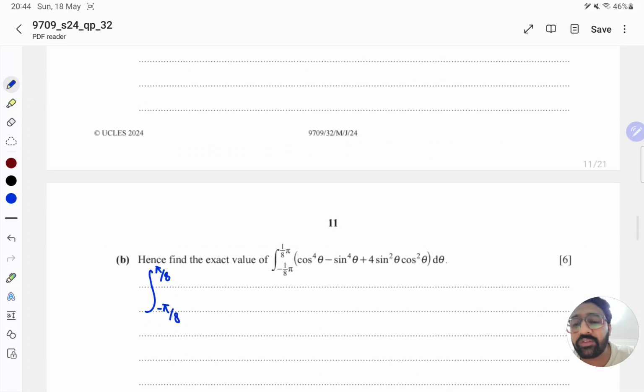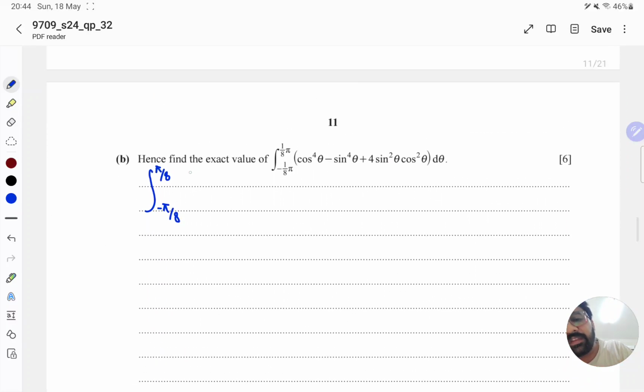I think this was cos 2 theta, I'll replace it with cos 2 theta, minus sine 4 theta plus, sorry, it's plus 4 sine square theta cos square theta d theta.